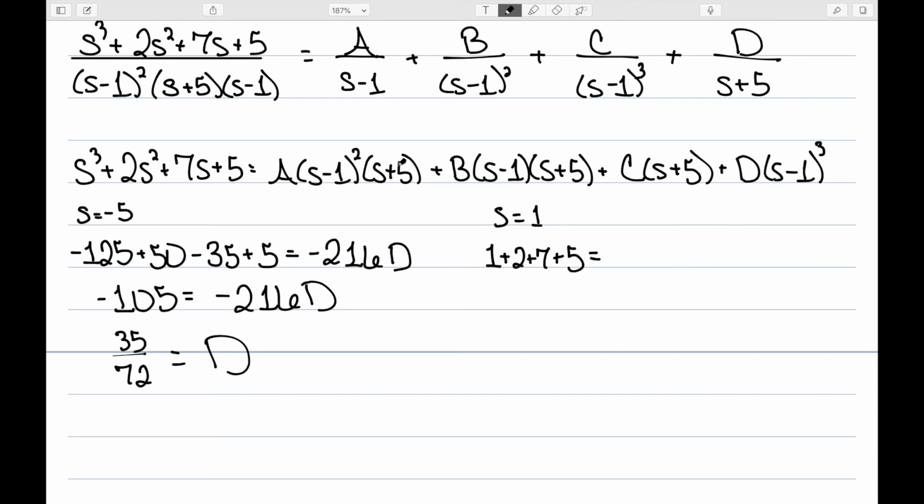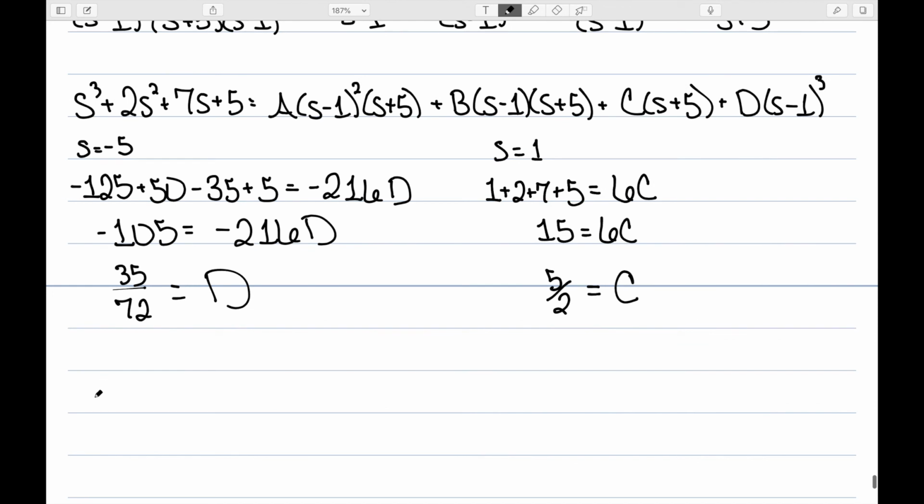On the right-hand side, the A, B, and D terms cancel. 1 plus 5 is 6, so I have 6C. This gives me 15 equal to 6C, or C is equal to 5 over 2.